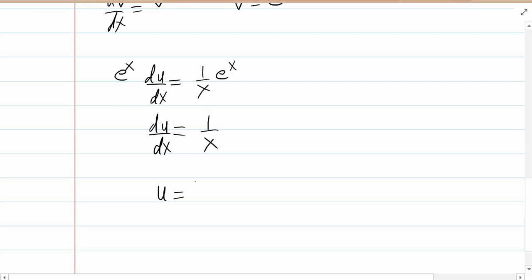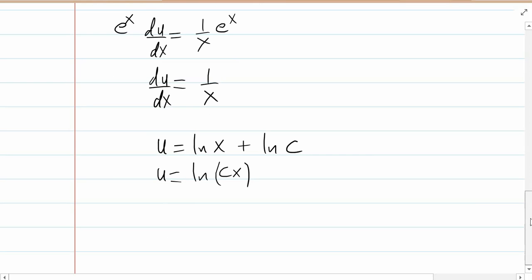So we get u = ln x + ln c, which becomes ln(cx). So that means that y = e^x ln(cx).